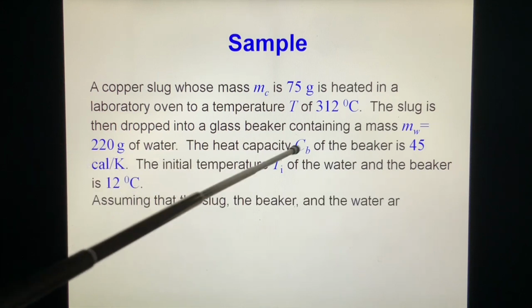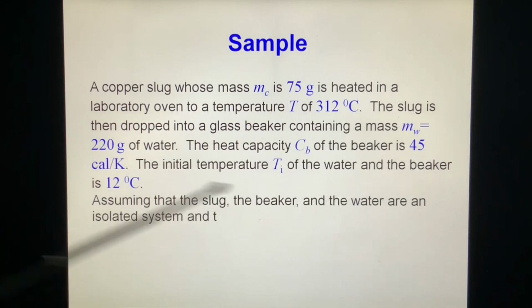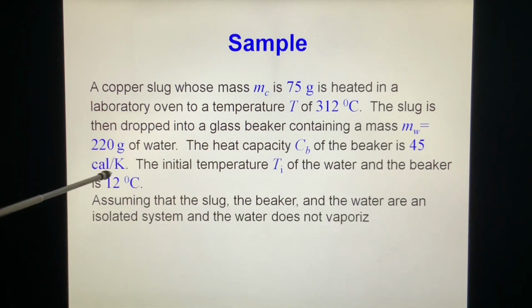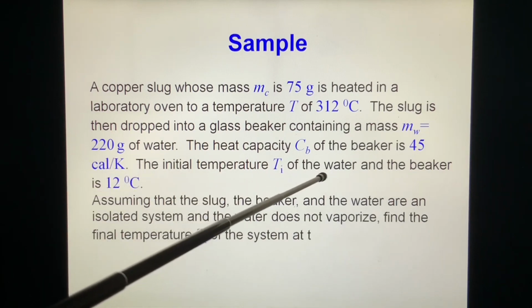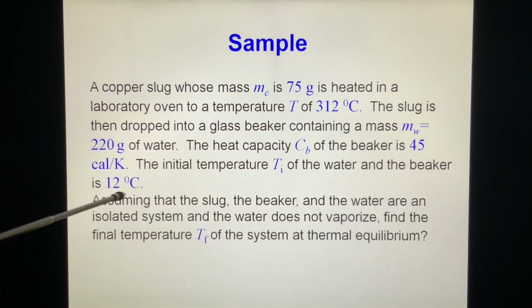The heat capacity C_b of the beaker is 45 calories per Kelvin. The initial temperature T_i of the water and the beaker is 12 degrees Celsius. Assuming that the slug, the beaker, and the water are an isolated system, and the water does not evaporate, find the final temperature T final of the system at thermal equilibrium.